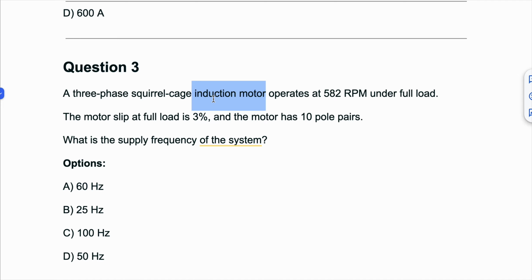The speed of the rotor is not synchronized with the speed of the field of the stator of the motor.